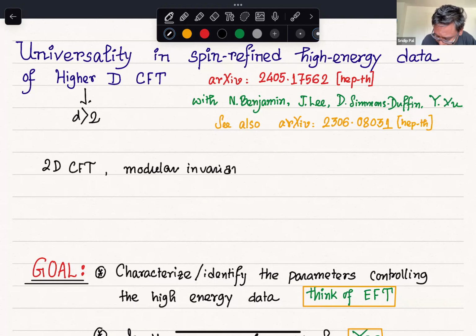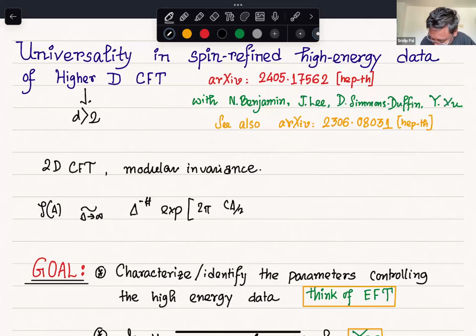Using modular invariance, one can show that the density of states at high energy, where delta is a proxy for the energy, in the delta going to infinity limit, the density of states rho of delta is controlled by a single parameter, and the functional form is of this form, c delta over 3. Given any CFT, the density of states is controlled by a single parameter, which is the central charge.